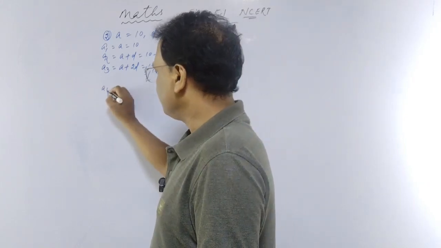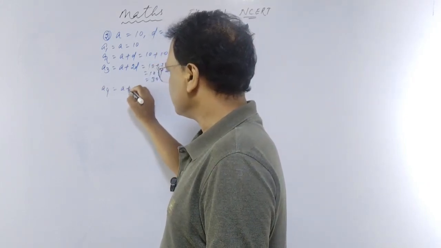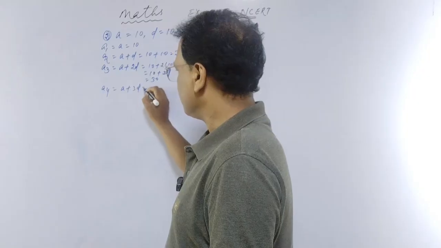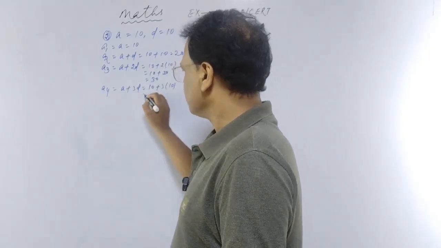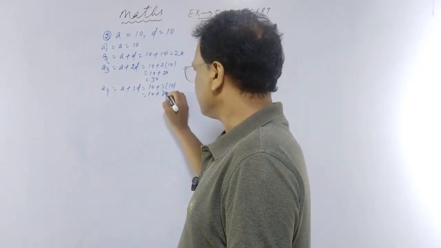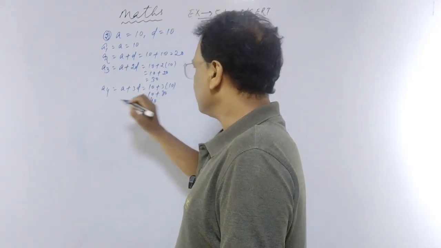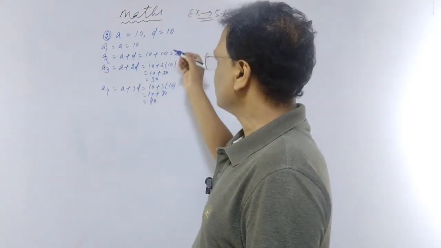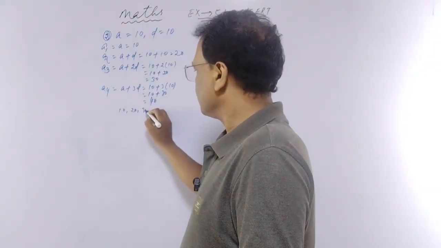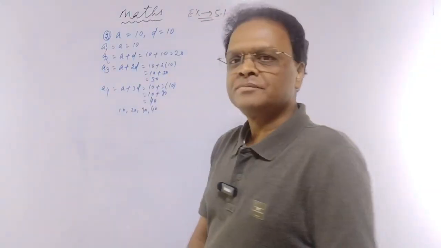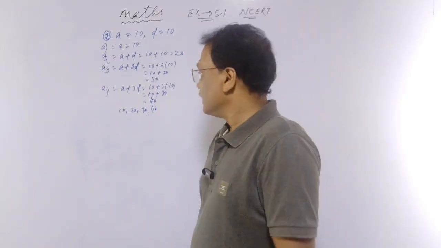A4 is equals to A plus 3D, or A plus 3 into D is 10. That means 10 plus 30, which gives me 40. So therefore these are my first 4 terms. What are the first 4 terms? 10, 20, 30 and 40. These are the first 4 terms.